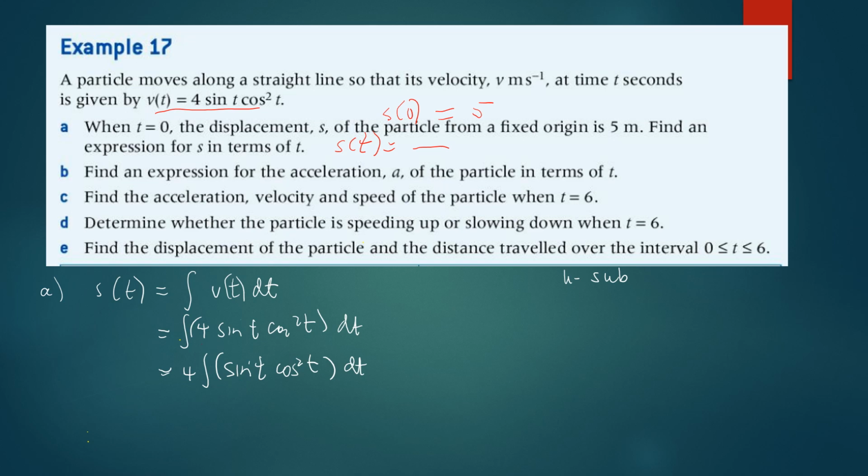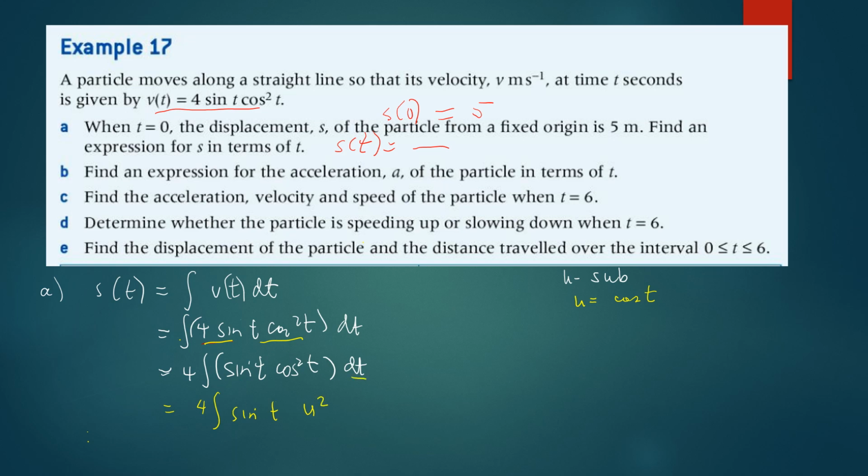This is like a product of two numbers. So when we're dealing with products and we can see that one is the derivative of the other, then we can use substitution. So let's make our u equal to cosine t. If we rewrite this, it's going to be 4 sine t u squared dt.